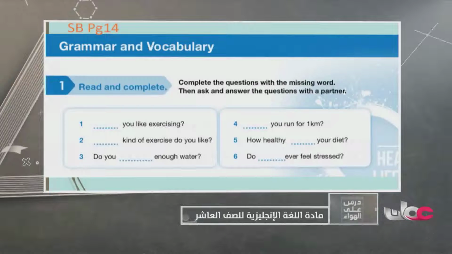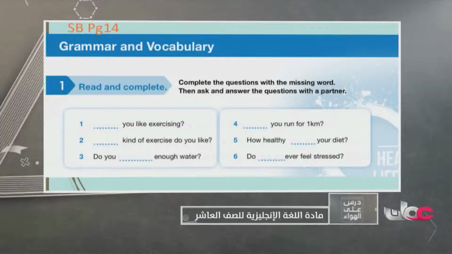Then number 3, do you enough water? What is missing here? Number 4, you run for 1 kilometer. Number 5, how healthy, you have space, your diet. And number 6, do, you have space, ever feel stressed?